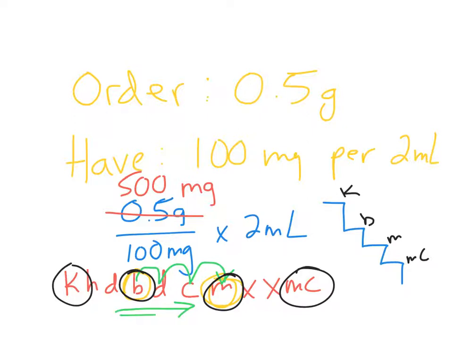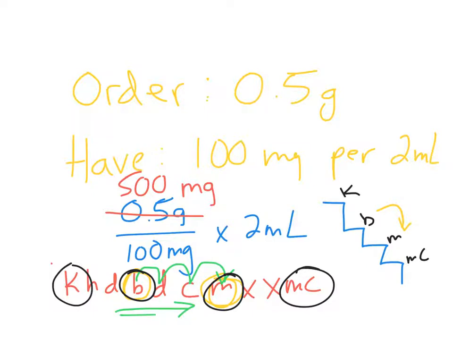So the stair-step method just says this: anytime you go down a step, you multiply by 1,000, whereas anytime you go up a step, you simply divide by 1,000. So in the conversion we're doing in this particular problem, to go from gram to milli, that's base to milli, that would just be down 1 step.